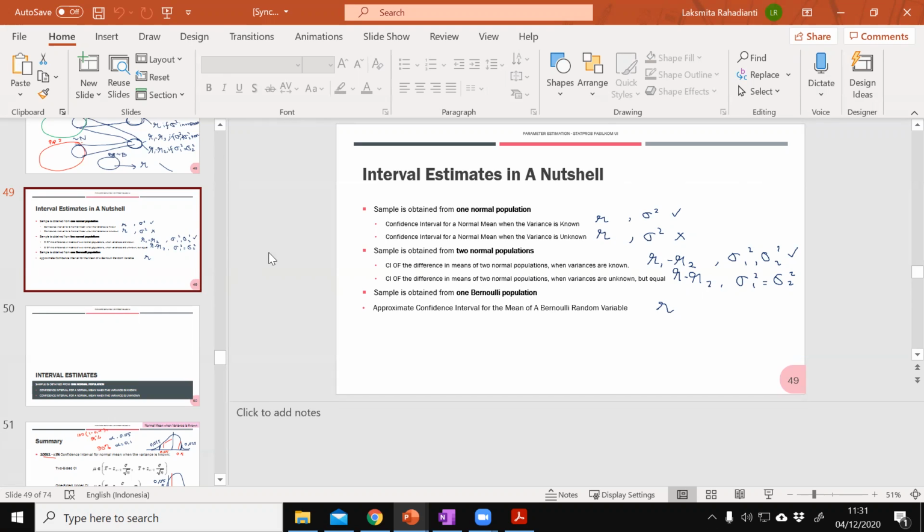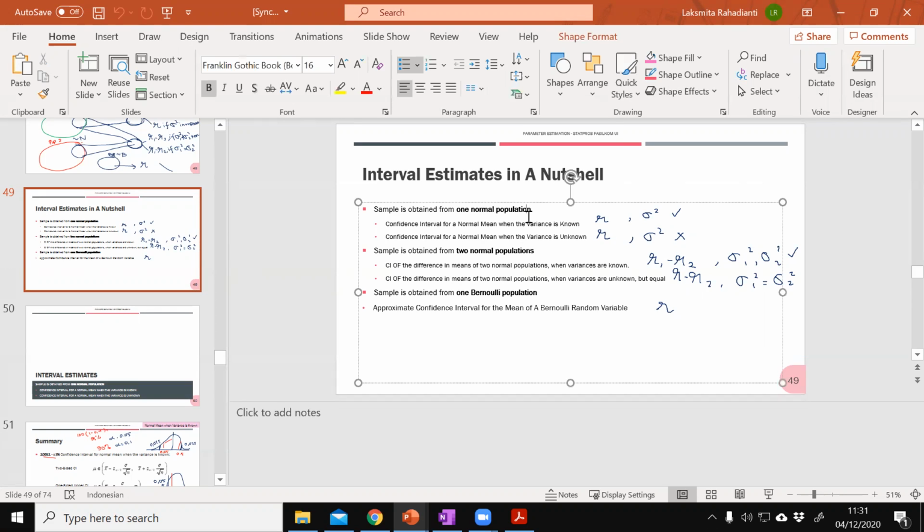Here we know that this sample comes from one population. So the one population is those workers. And I want to construct the confidence interval of a normal mean, which is the mean of the population. And from my information, I do know the variance. So this falls into this category.